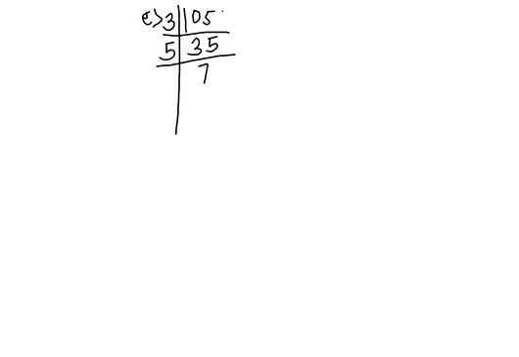This gives us 7. So 7 gives us 1. So the prime factors of 105 are 3 multiplied by 5 multiplied by 7.